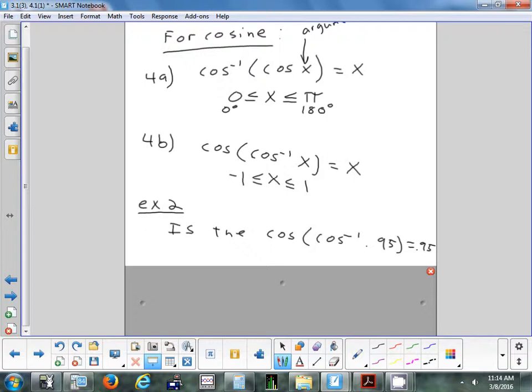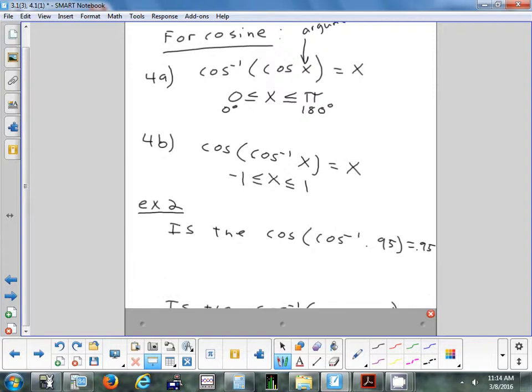Carter, do you think the cosine of the inverse cosine of 0.95 would equal 0.95? Yes, which formula is that? 4a or 4b? 4b. Yeah, it's 4b because the inverse is on the inside. And 0.95, just barely, but it's between negative 1 and 1. So that one works fine.